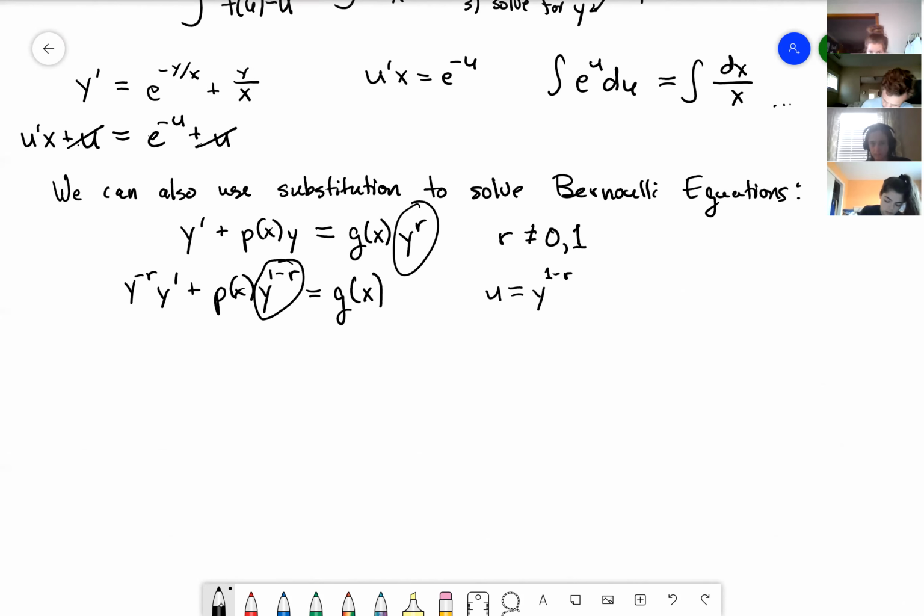And if we take our derivative, what we get is u prime is equal to, taking the derivative on the other side, the chain rule and everything, the exponent comes down, we get y to 1 less than 1 minus r, that's just minus r, multiplied by the derivative of what's on the inside.